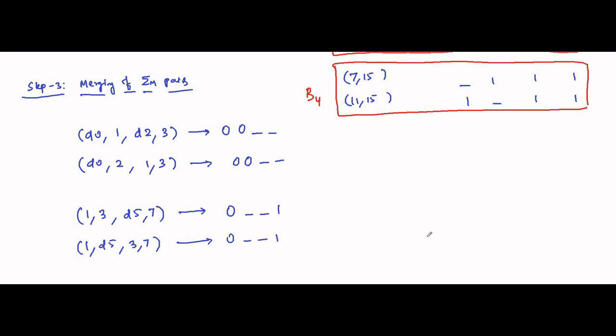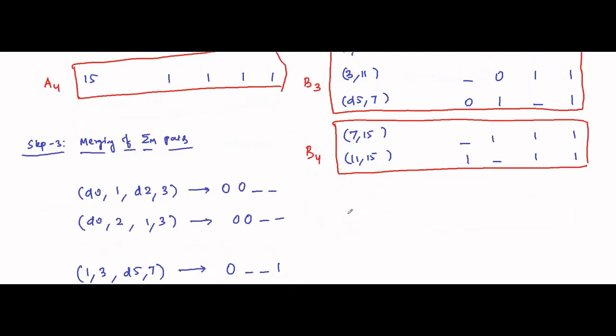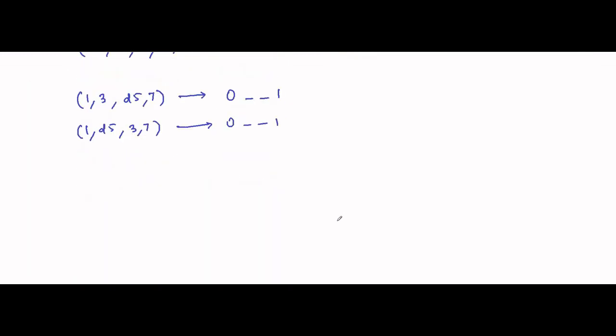Then in between B3 and B4 we have the merged minterm pairs 3 7 11 15 with binary representation dash dash 1 1, and 3 11 7 15 with the same binary representation dash dash 1 1.